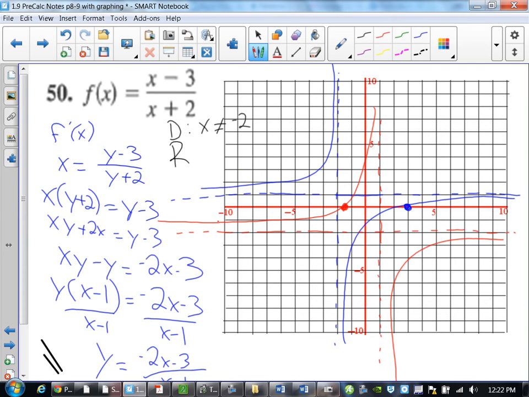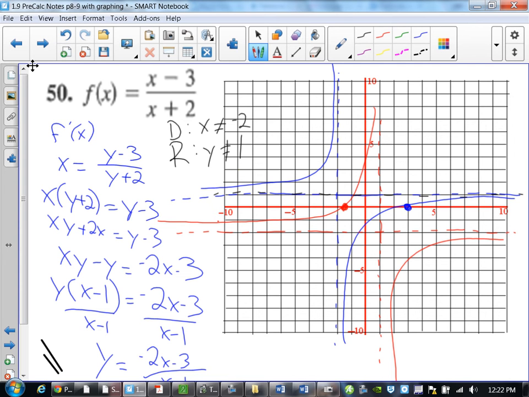The range, the horizontal asymptote is at 1, so range is y not equal to 1. Your range is restricted by the horizontal asymptote. The domain is restricted by the vertical asymptote.